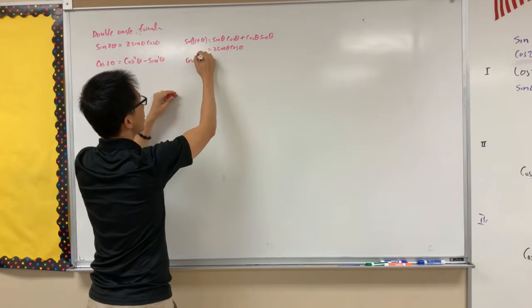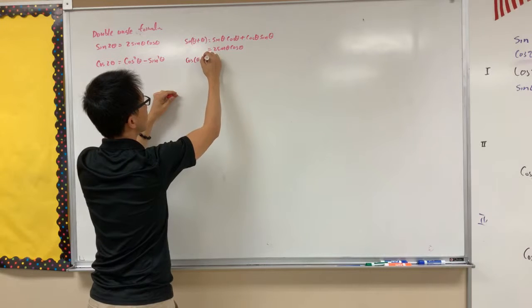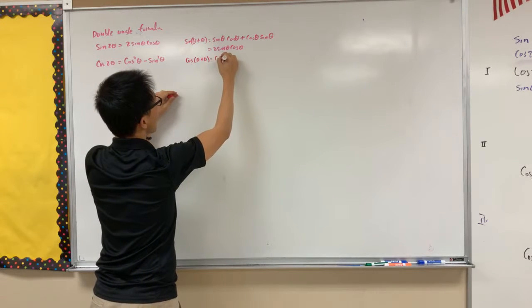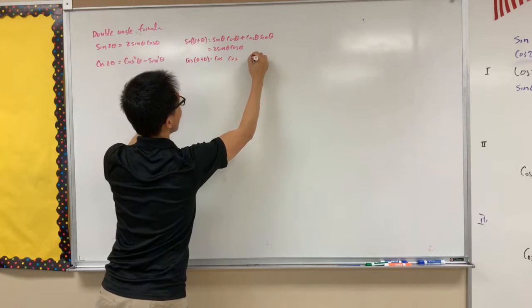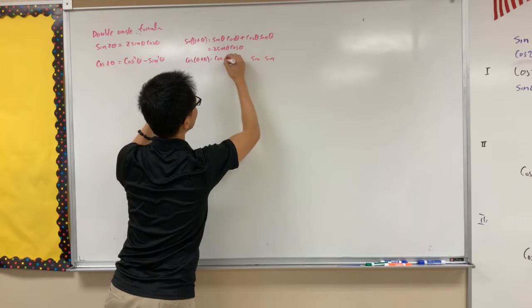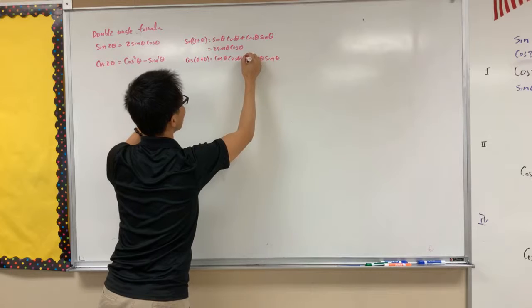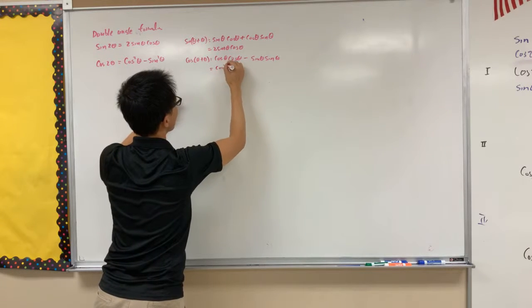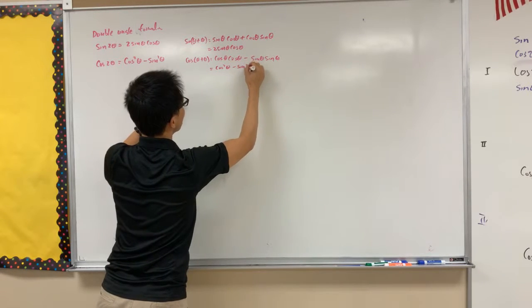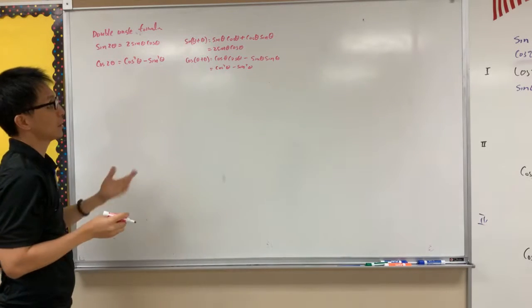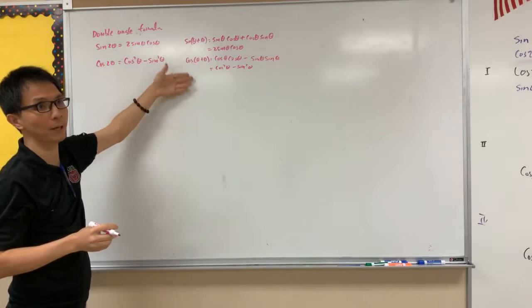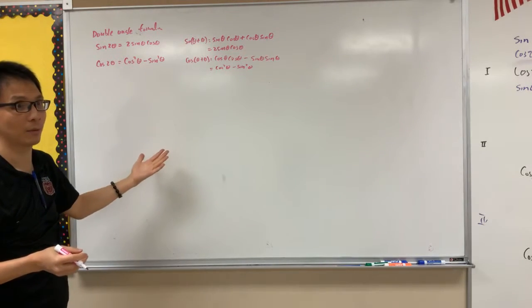You can use the sum and difference and prove it. So it'll be cosine, cosine, sine, sine, and that's theta, theta, theta, theta. That's minus, so it'll be cosine squared theta minus sine squared theta. That's the proof based on sum and difference.